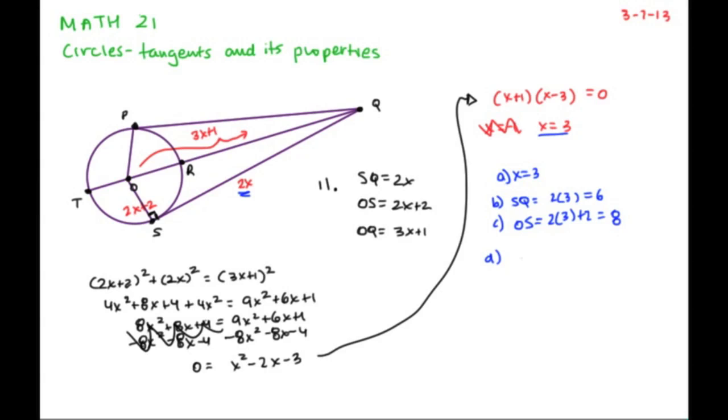And lastly, OQ is going to be 3 times 3 plus 1, and I believe that's going to be 10. And as you can see, 6, 8, 10 is a Pythag triple, so it works out.